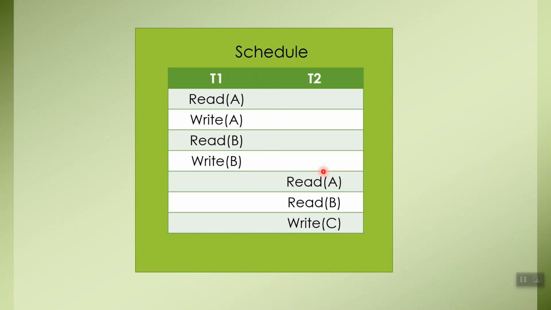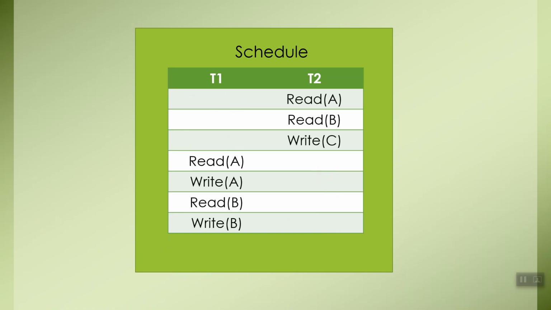Anyways, whenever serial schedules are executed, they are going to keep the database in a consistent state. But it might happen that if the serial schedules are executed in different sequences, they might give us different results.